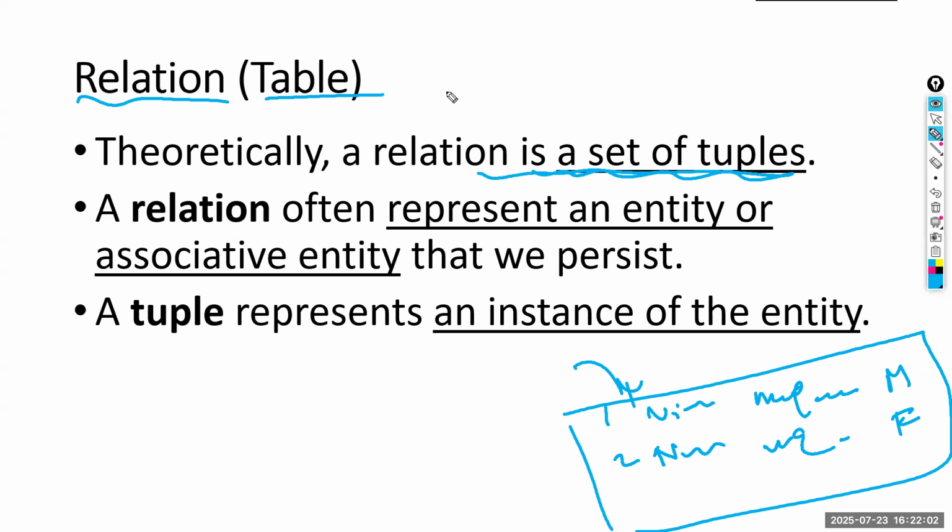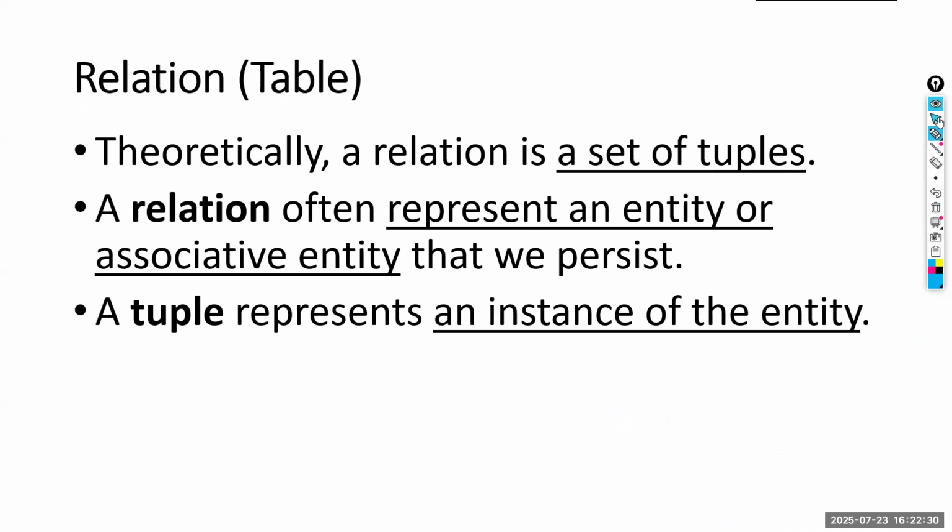And there's a connection between relation and entity, because most of the time your entity becomes a relation or table. There's a one-to-one mapping, but not always. Most of the time, an entity is mapped to a relation or table, but not all the time.